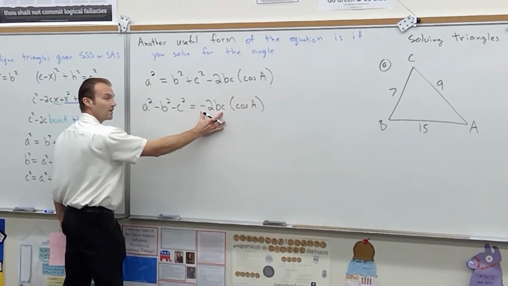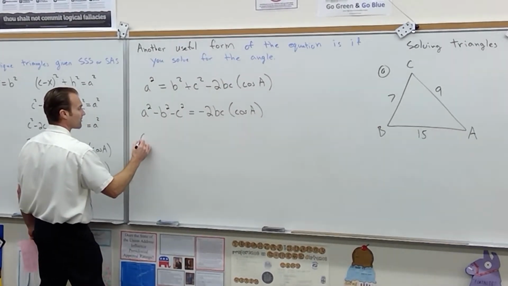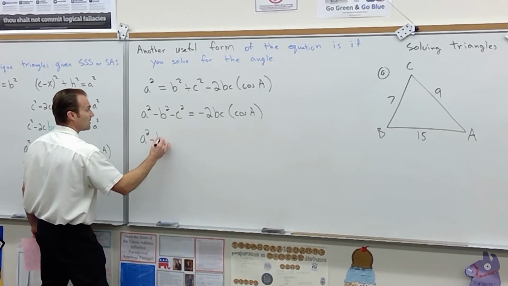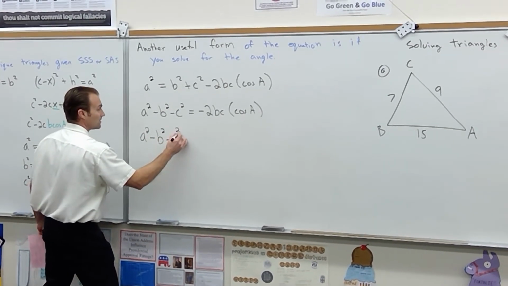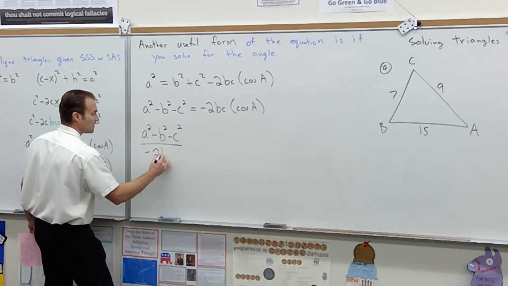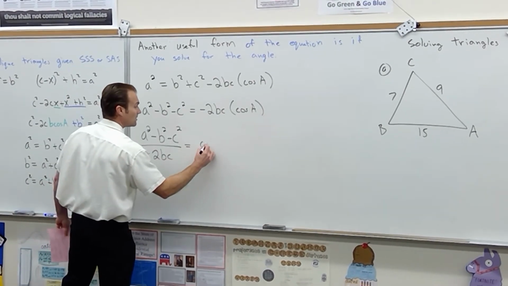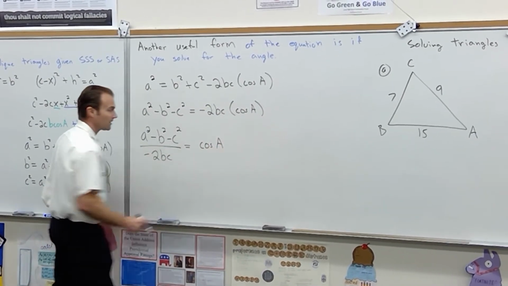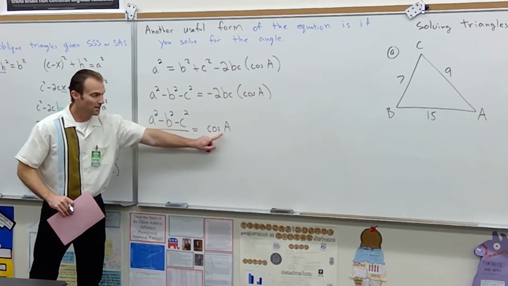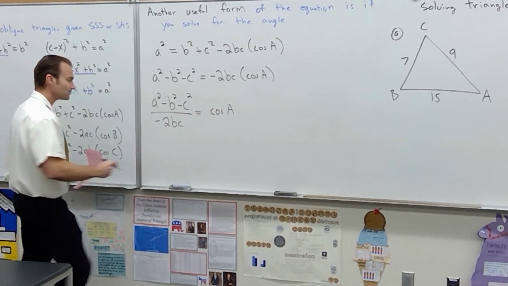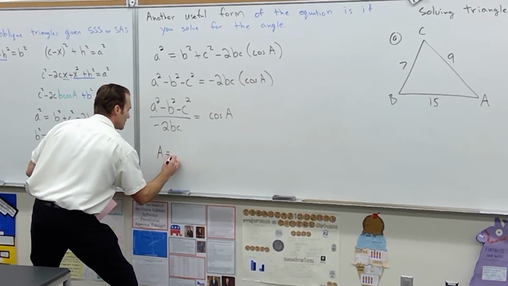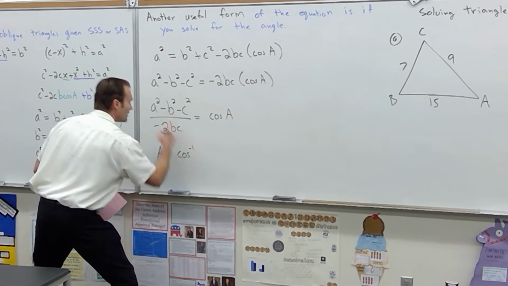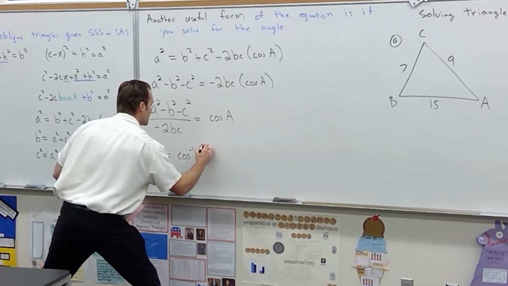Now we're going to want to divide by negative 2bc. Okay, and the last step to solve for angle A, I've got to do the inverse cosine. So angle A will be equal to the inverse cosine of that quantity.